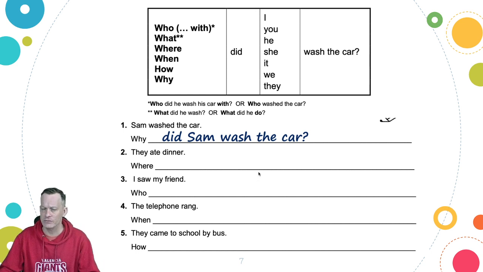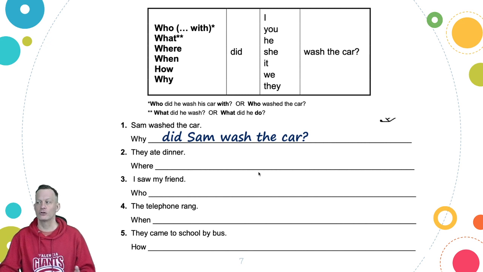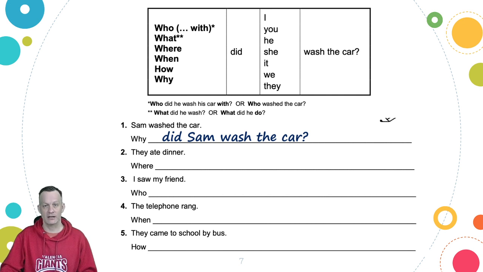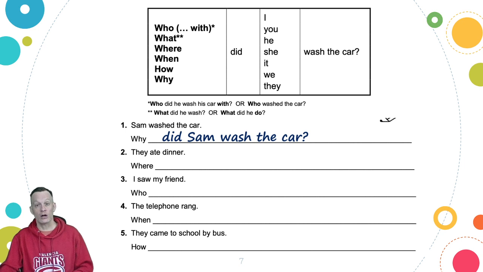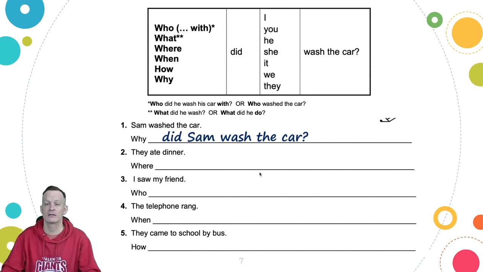In the past, remember, to make a sentence, you use ed if the verb is regular. He washed the car. Washed, wash, ed, the car. However, in the past questions, we don't use ed and we don't use another or a different conjugation of the verb.